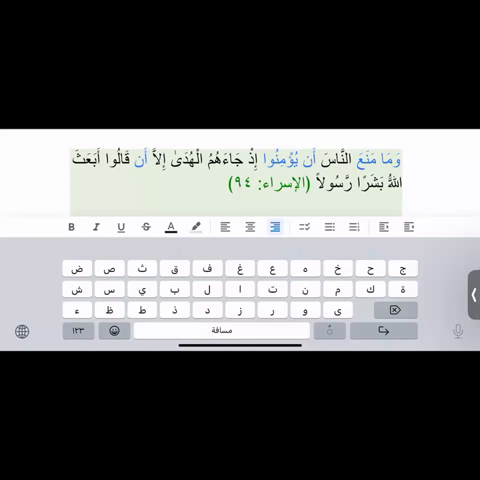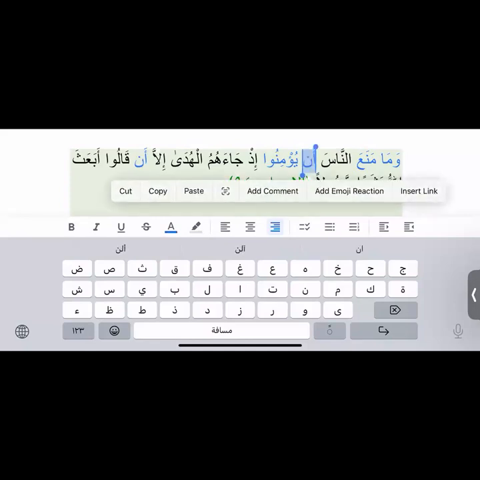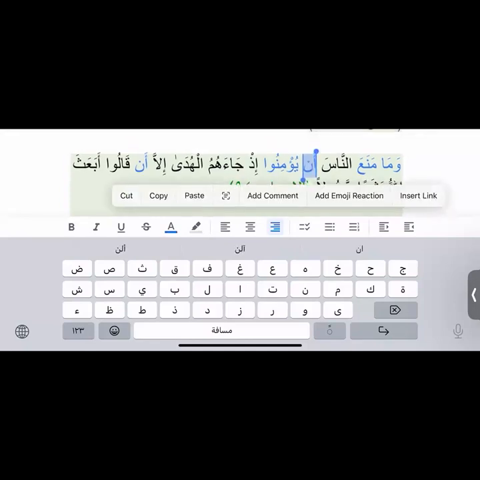So what is the status of this al-masdarul mu'awwal? It is going to be second maf'ul. Good job. It's also nasb status. It's a second maf'ul. This is an masdariya, harf nasib. Yu'minu is mudare mansoob bi an. Alamatu nasbihi is hadhfun noon, li'annahu min al-af'alil khamsa. Right?